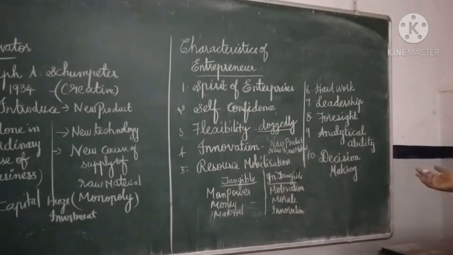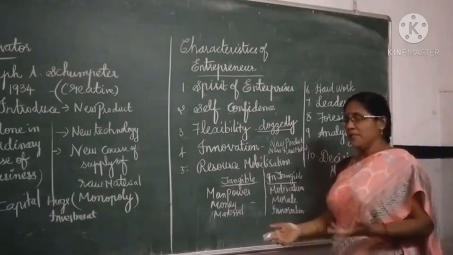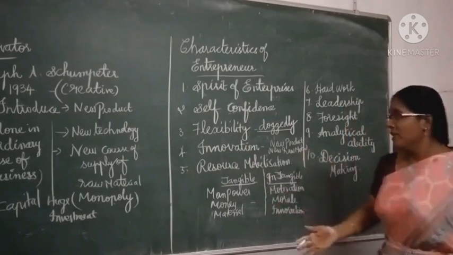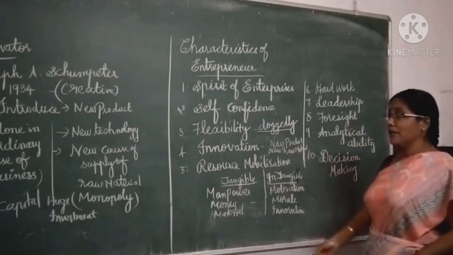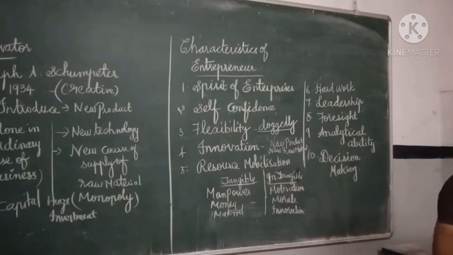So these are all tangible and intangible. Tangible means it is visible; intangible means it is not visible. So these are also assets for the businessman. So he should not lose this kind of tangible and intangible asset.